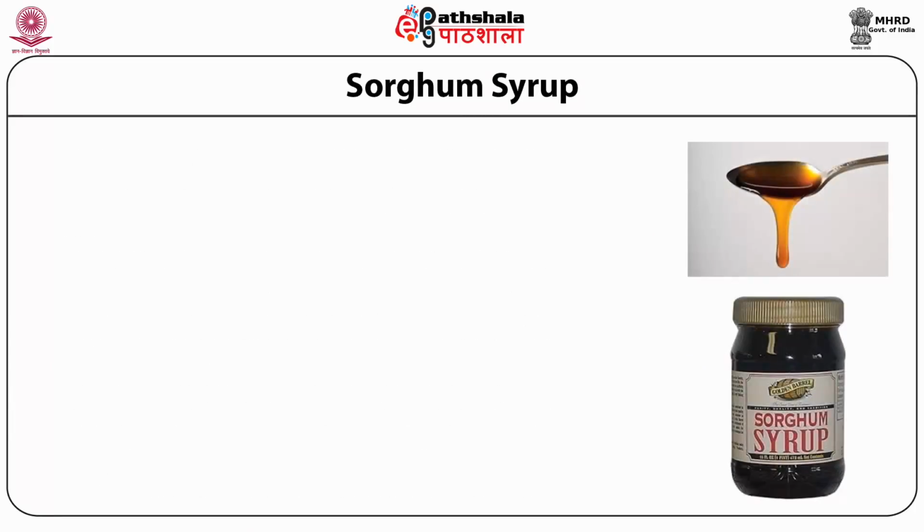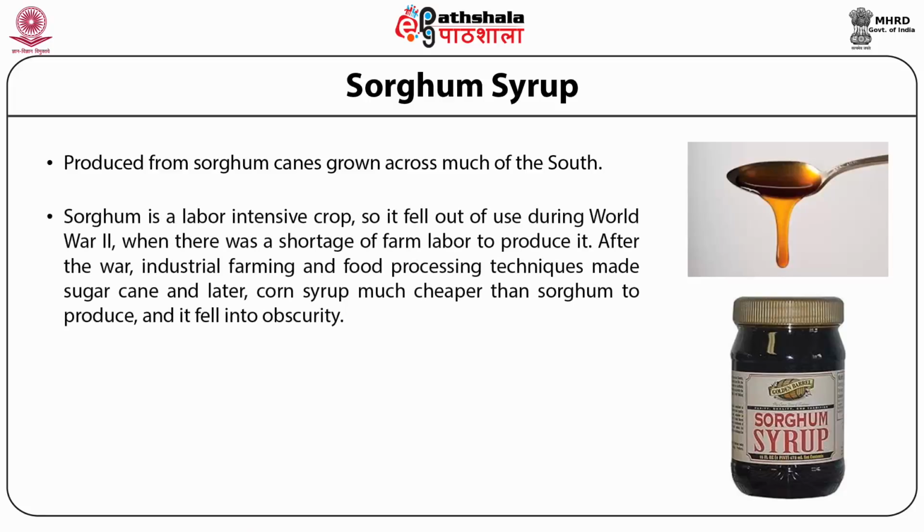Dear students, next we will discuss sorghum syrup. It is also a form of liquid sugar which is produced from sorghum canes grown across much of the southern world. Sorghum is a labor-intensive crop, so it fell out of use during World War II, when there was a shortage of farm labor to produce it.